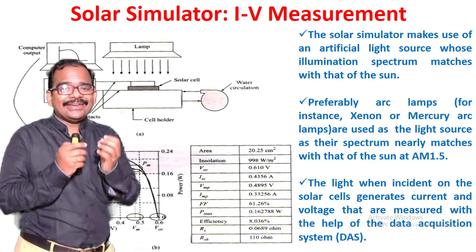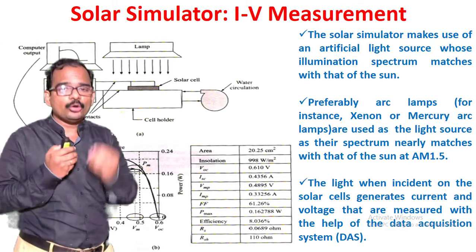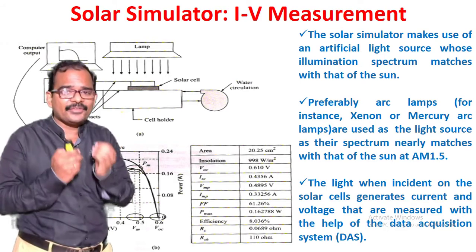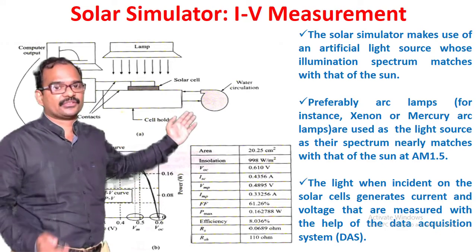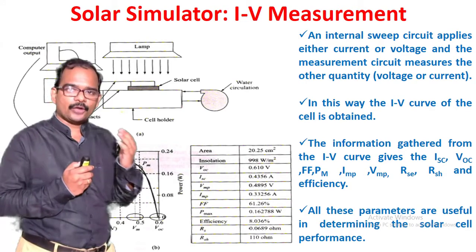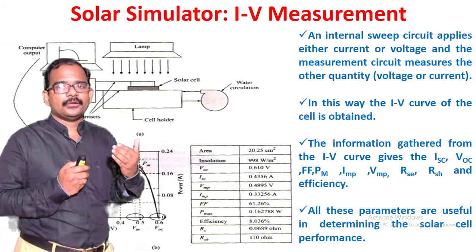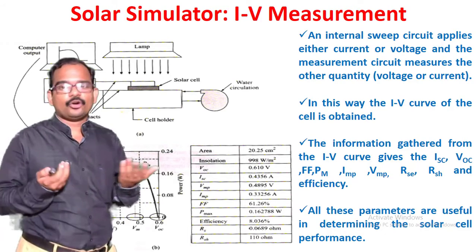The light, when incident on the solar cell, generates current and voltage, and they both are measured with the help of a data acquisition system, DAS. An internal sweep circuit applies either current or voltage, and measurement of the circuit measures the other quantity, either voltage or current.